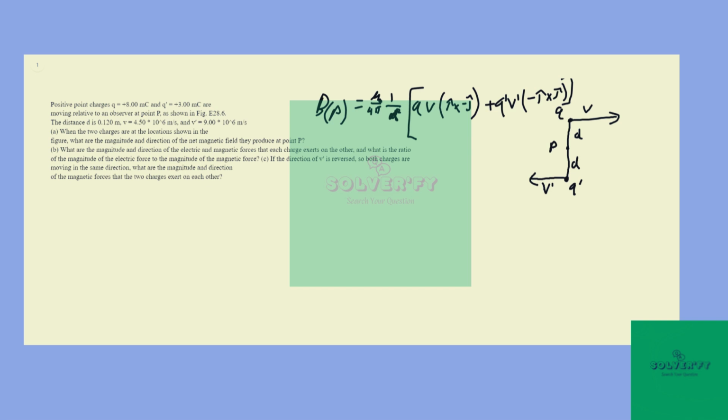Okay, so then that's going to be equal to the same constants, mu naught over 4 pi over d squared, and the numbers we have here. Now I'm just going to rewrite this. q v, i hat cross negative j hat, is going to be negative k hat.